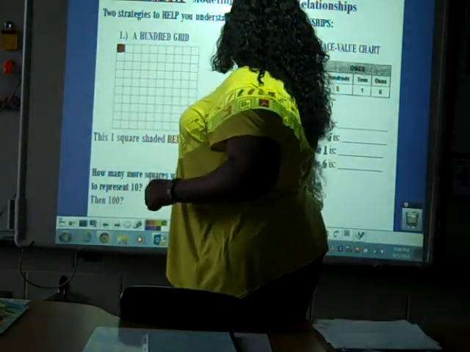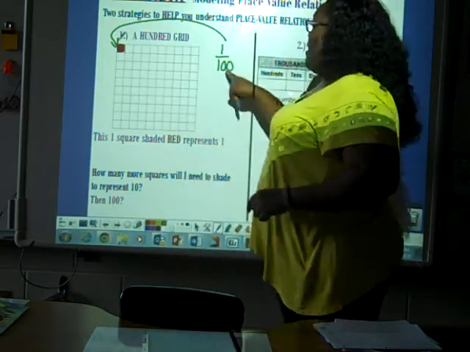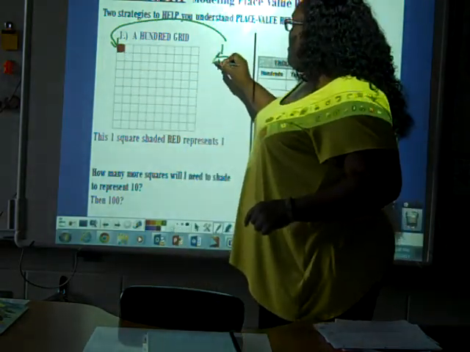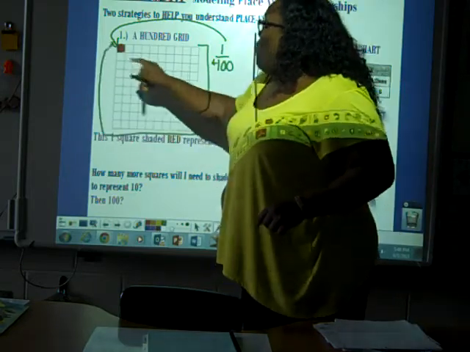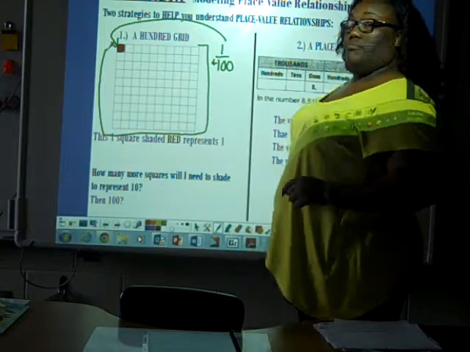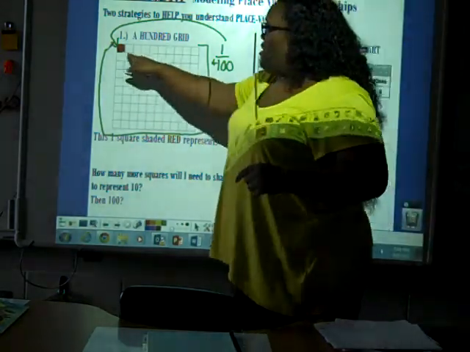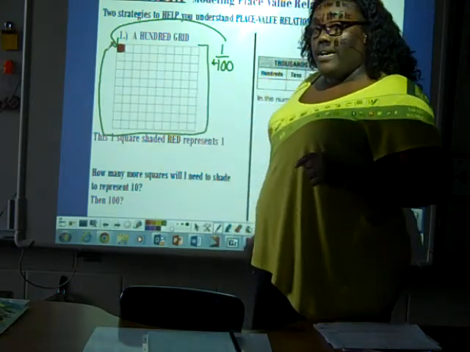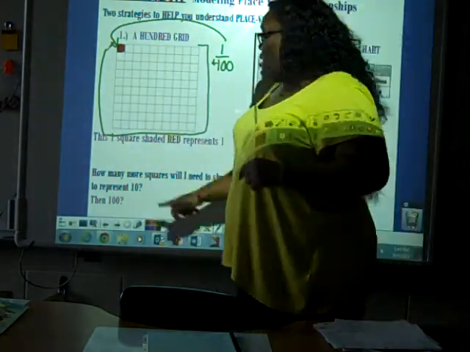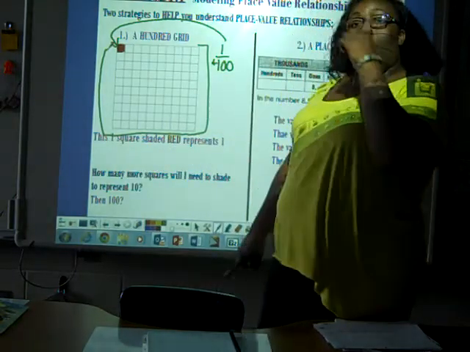That is 1 out of 100, that's a fraction. 1 out of 100 cubes, and this 100 grid is shaded red. So this 1 square shaded red represents 1.